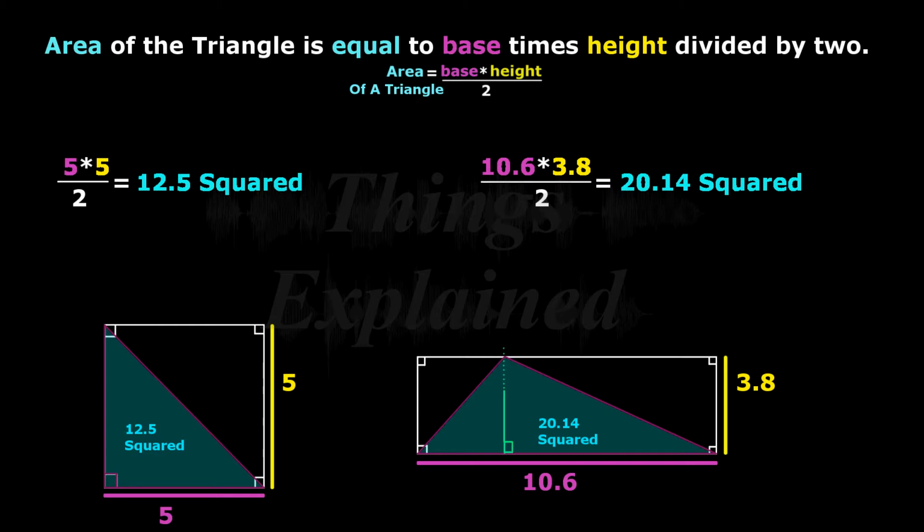So you can see here that if we insert a triangle that shares the same base and height as a four-sided polygon, and then fit it inside of that four-sided polygon, the area of these triangles is exactly half the area of their respective four-sided polygons.